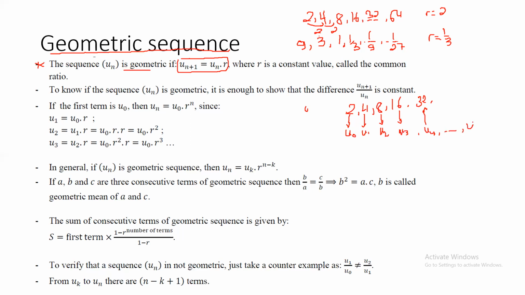Then here comes UN, and after UN comes UN plus 1.